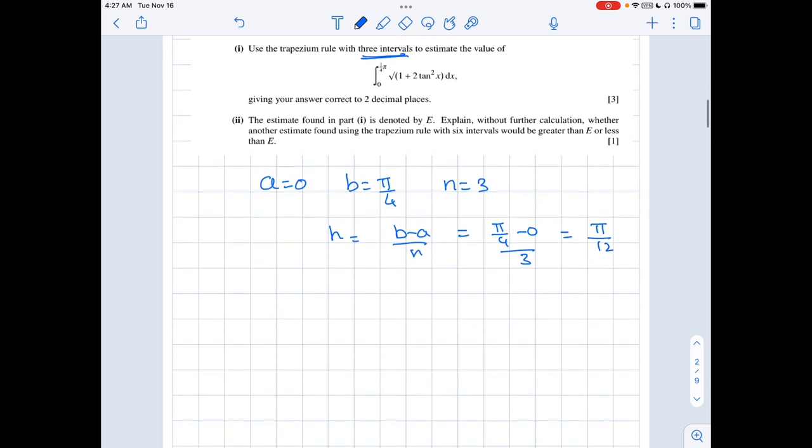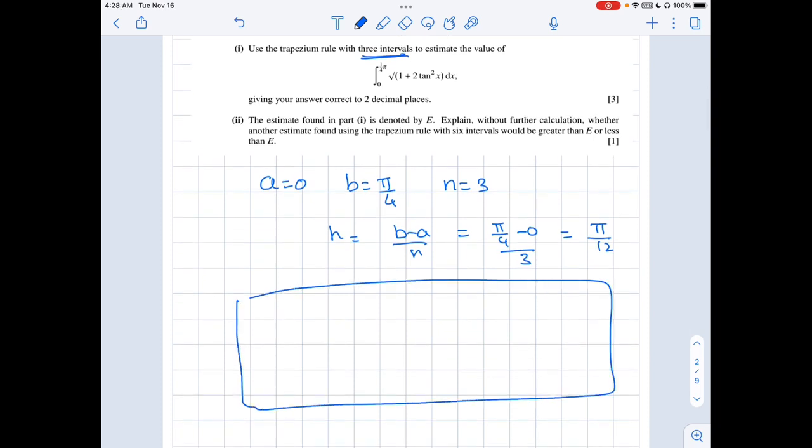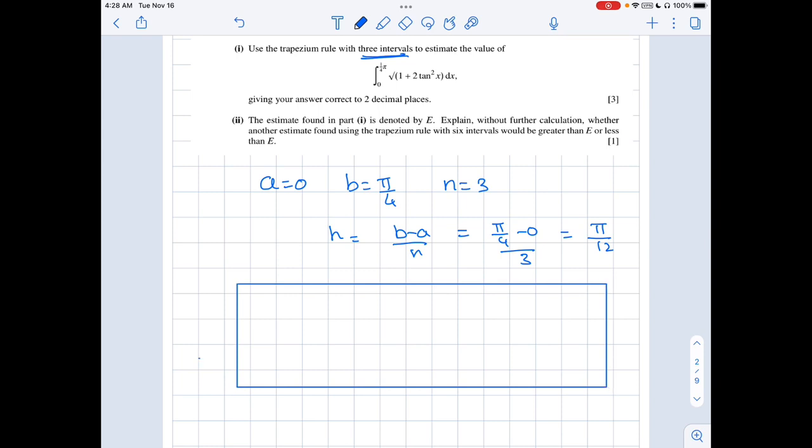So what am I going to do? I'm going to formulate a table. I'm drawing the table with the values. So 3 intervals should be there. X and y, starting from 0, the lower limit, and add pi upon 12 to that. 0 plus pi upon 12 is pi upon 12.